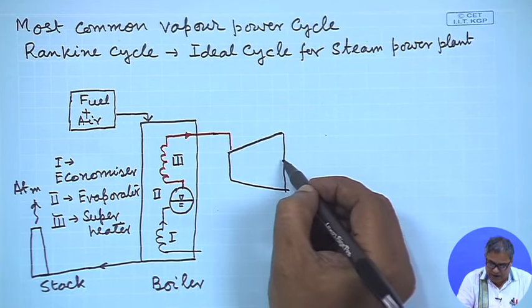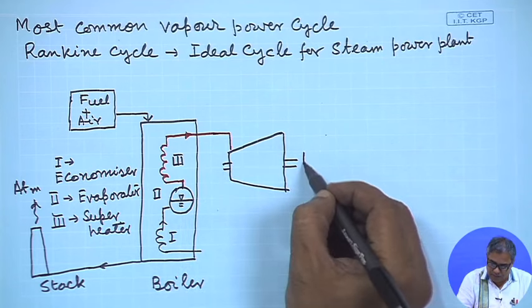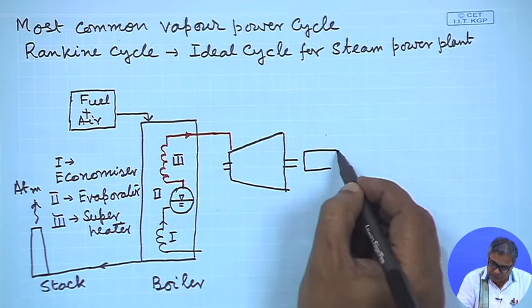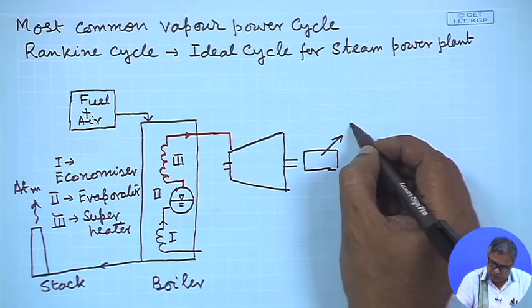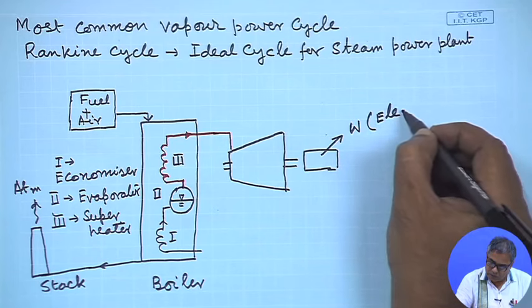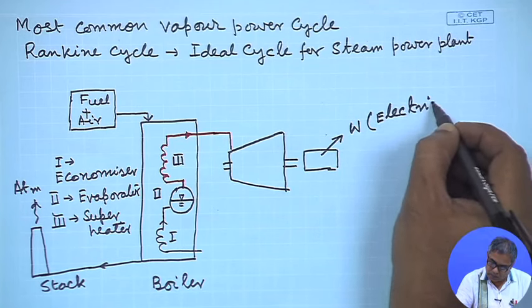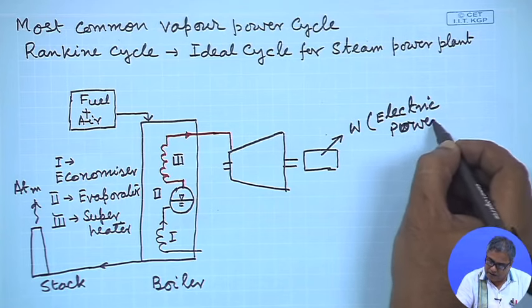When it expands, it rotates the turbine shaft, through which generation of electricity is possible. So, we get electric power.